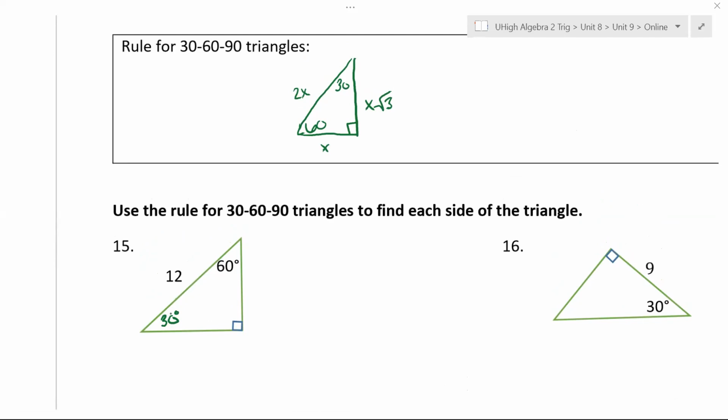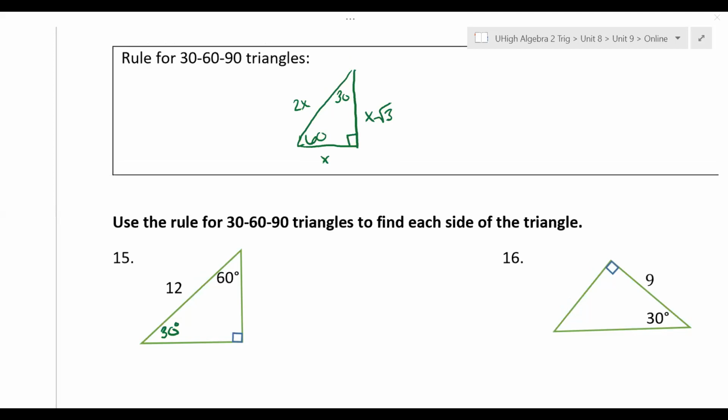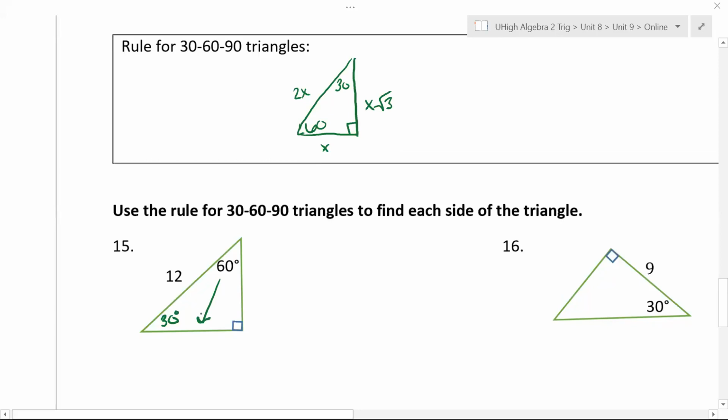And so when we're looking at our rule, just like we did with 45, 45, 90s, across from my 60-degree angle was my x root 3. So across from my 60, that's where I'm going to have my x root 3 side. Across from my 30 was my x. So across from my 30 is my x side. And then my hypotenuse, or across from my 90, that's going to be my 2x side.